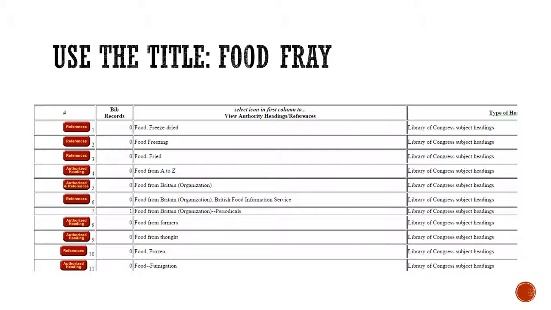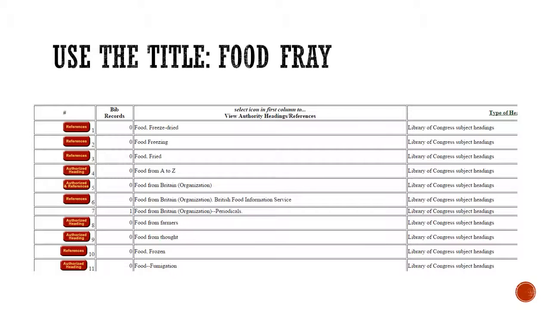And it tells me that in these buttons, that there are going to be references from food, fried to something else. But the phrase food from A to Z actually has an authorized heading listed there.